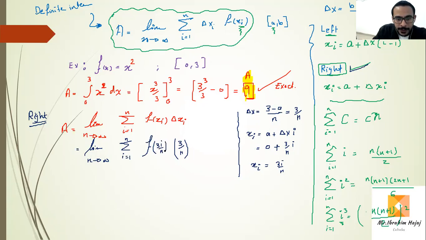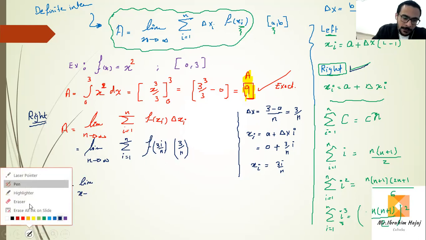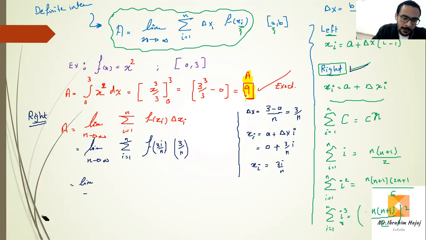Since my function here is x squared, my next step is the limit as n approaches infinity of the summation, i equals 1 to n, of 3i over n all to the power of 2, multiplied by 3 over n.